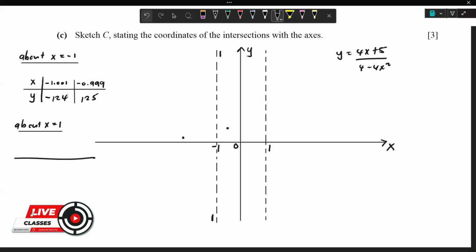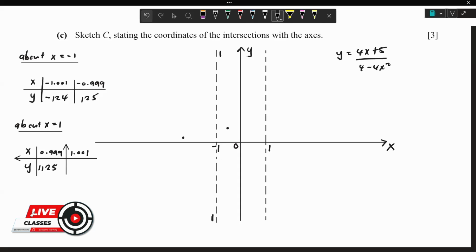We can also have a small little table. This is x and this is y. Say 0.999 and 1.001. If we substitute 0.999 for x, we get 1,125, which is a very big value.